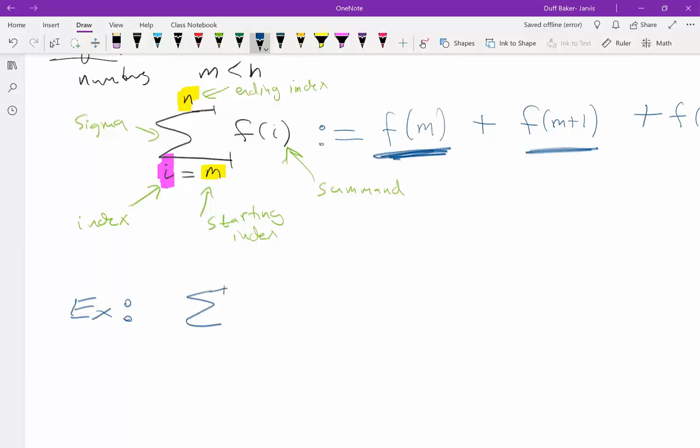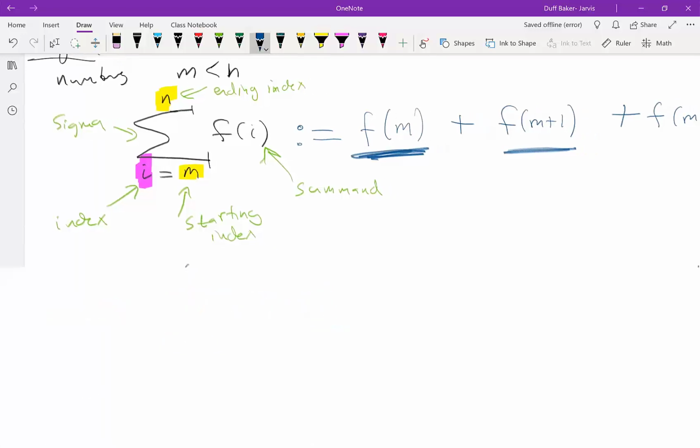So let's say I have the sum from i equals 3 to 6 of 2i squared plus i. Okay, so you would read this aloud as the sum from i equals 3 to 6 of 2i squared plus i. And so what you do is you first figure out your starting index, 3.